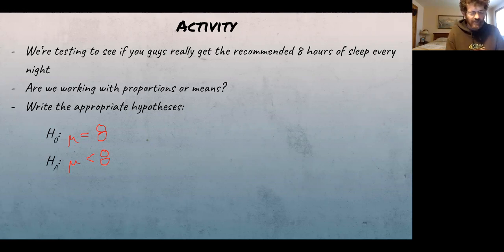We are assuming that 8 hours of sleep is what you guys are actually getting, that teenagers in general are actually getting this. You are my random sample, okay? And from this, can we infer that there's no way teenagers are getting 8 hours of sleep? Or is it still possible? And so we're going to construct a sampling distribution that has our null hypothesis right in the middle.